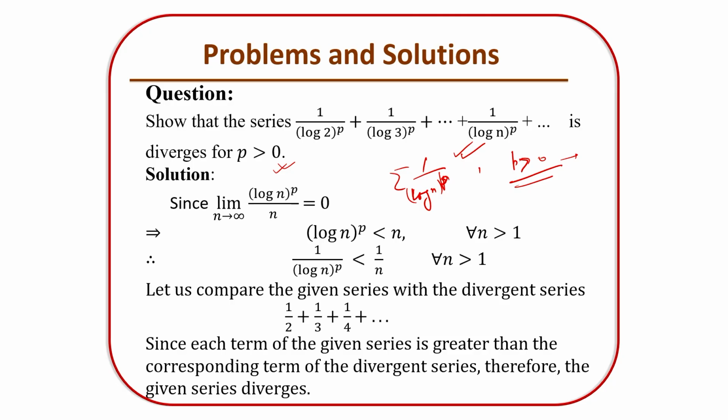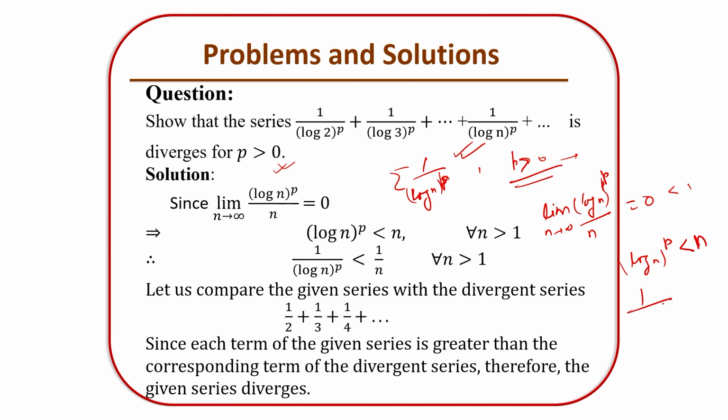For that we use the limit. Evaluate the limit as n tends to infinity of (log n)^p divided by n. This is equal to 0. We all know that, right? And that means (log n)^p by n is less than 1. So (log n)^p is less than n, right?